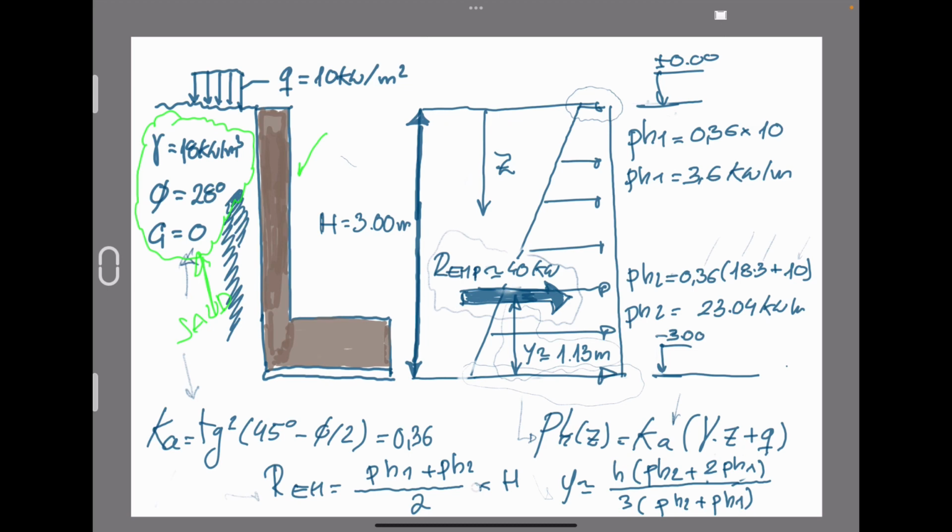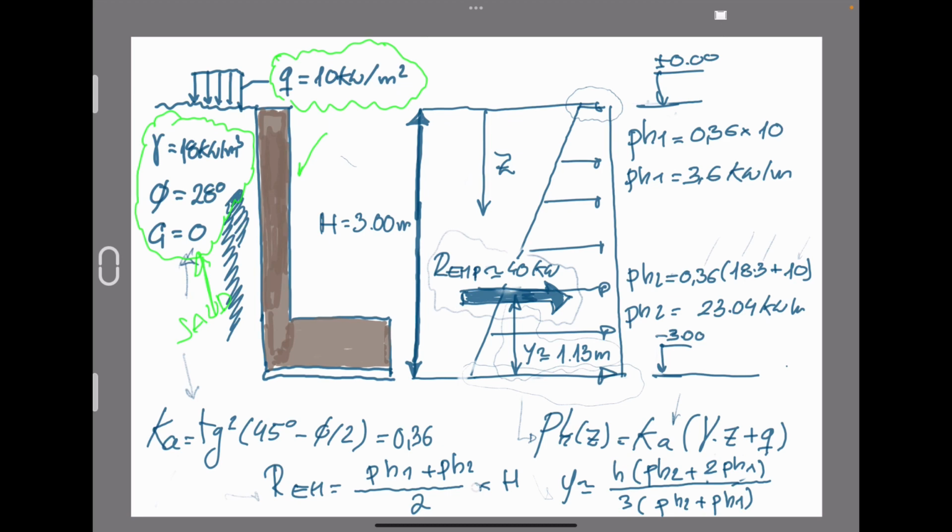It is also important in the design to take into account a surcharge located at the top of the soil, the top of the retaining wall, normally equal to 10 kilonewton per square meter. The value is also reflected in bridge design codes, and it is very common to use it during the design of bridge abutments.